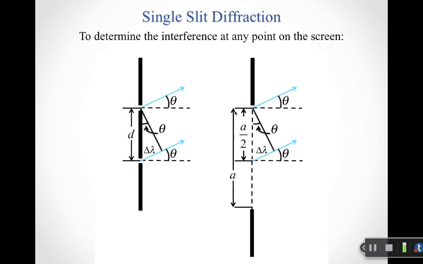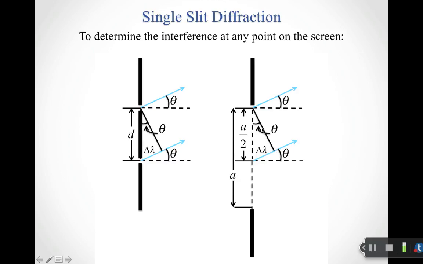And so what we're going to care about here is A, which we'll use for the slit width. So we're going to care about this triangle. It's got a hypotenuse of half the slit width, so this is A over 2. Again, here's the path difference that we're interested in.